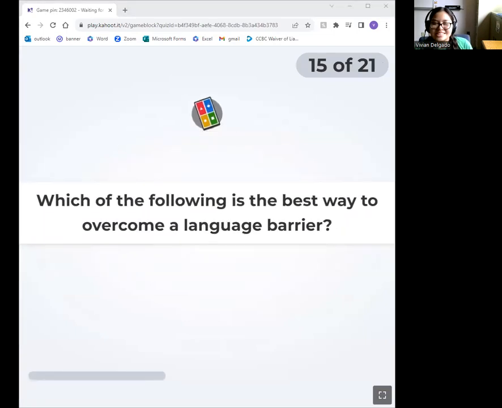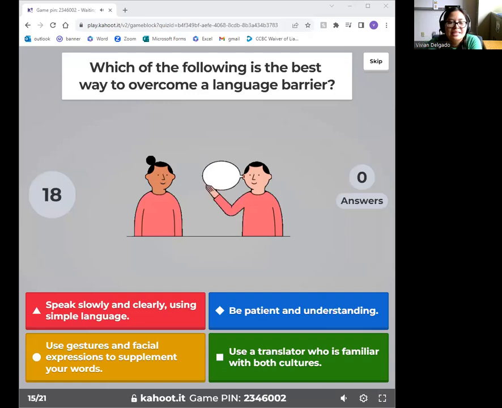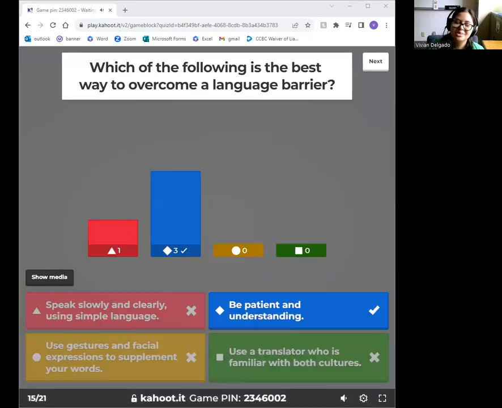Let's do a question. Which of the following is the best way to overcome a language barrier? So this one was meant to be tricky.